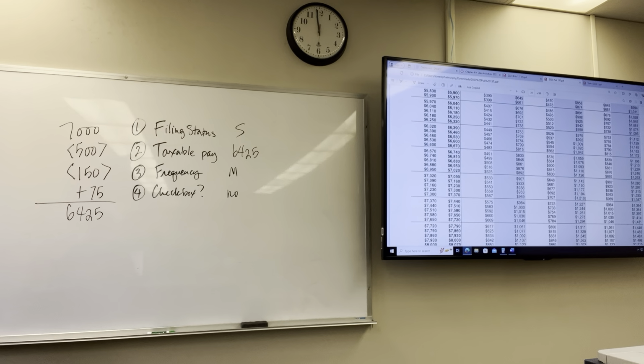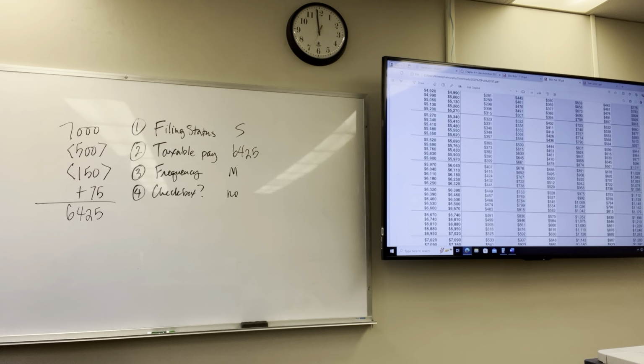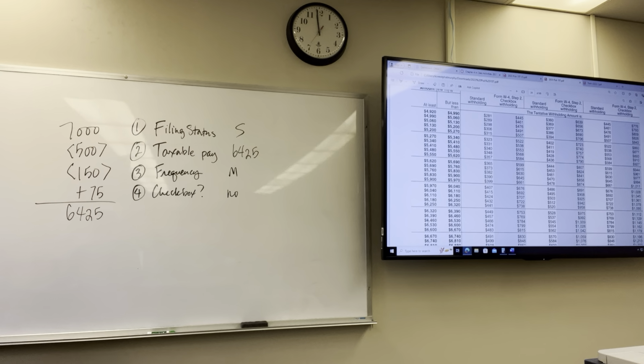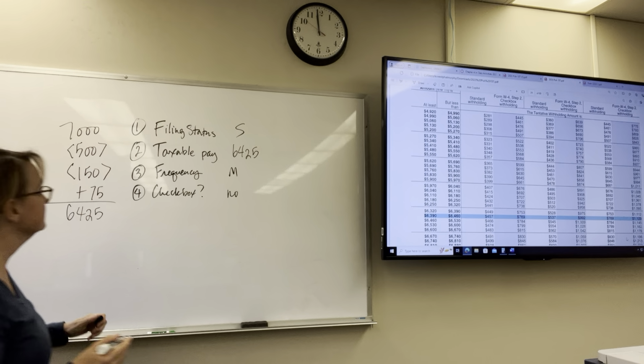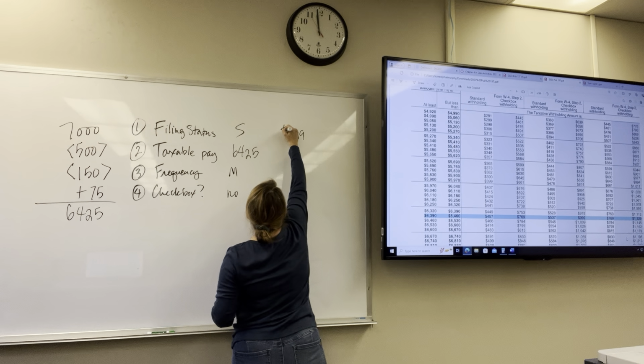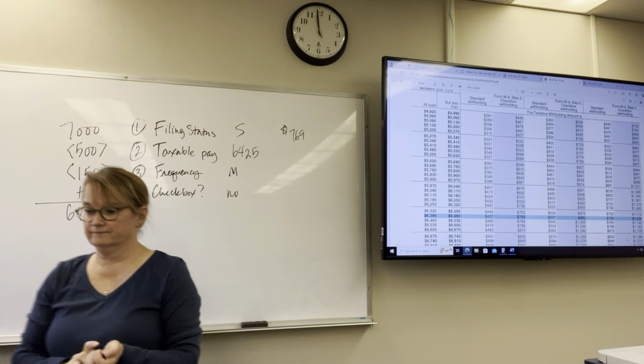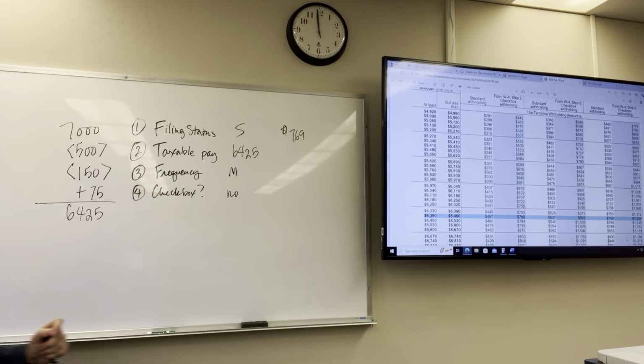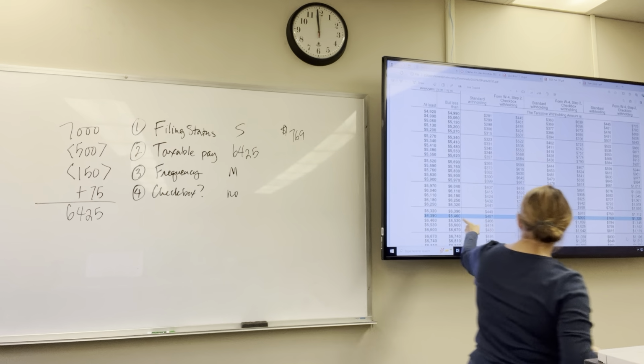All right, so 64.25 is between 63.90 and 64.60. Single, no checkbox, so it's standard withholding, so $769.